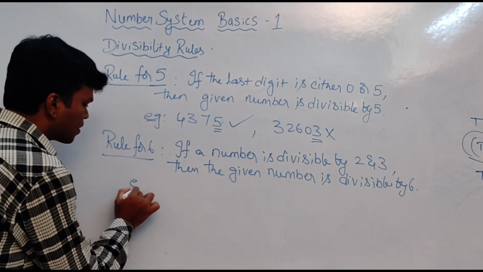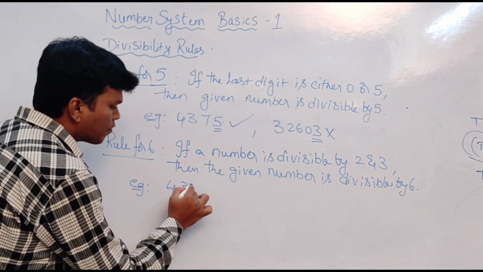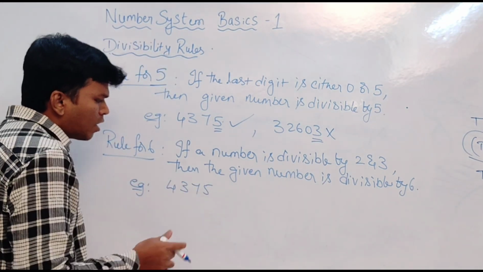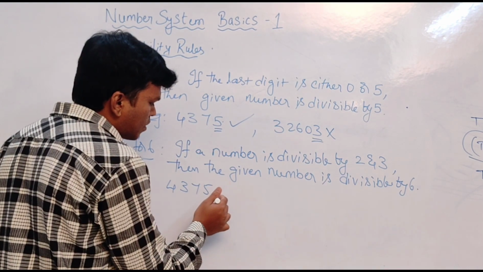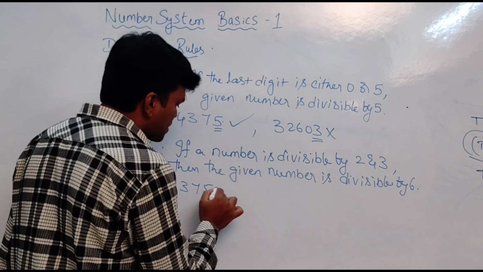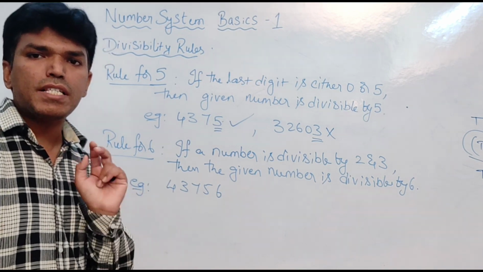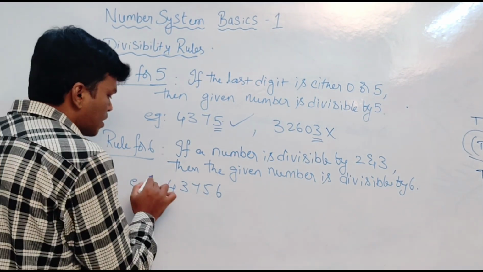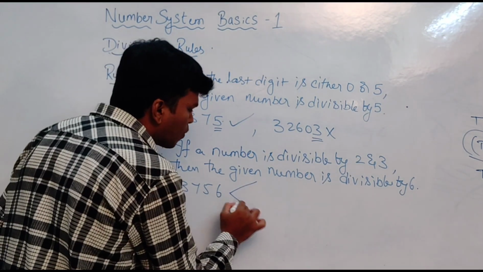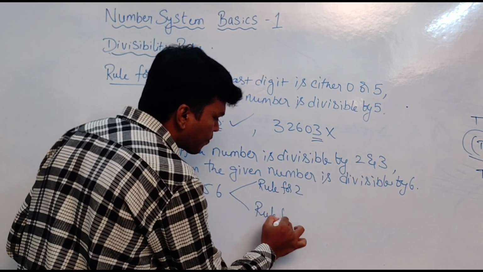Now let us take an example. I want to check 43,756. Is it divisible by 6 or not? How will you check? First check rule 2 as well as rule 3.